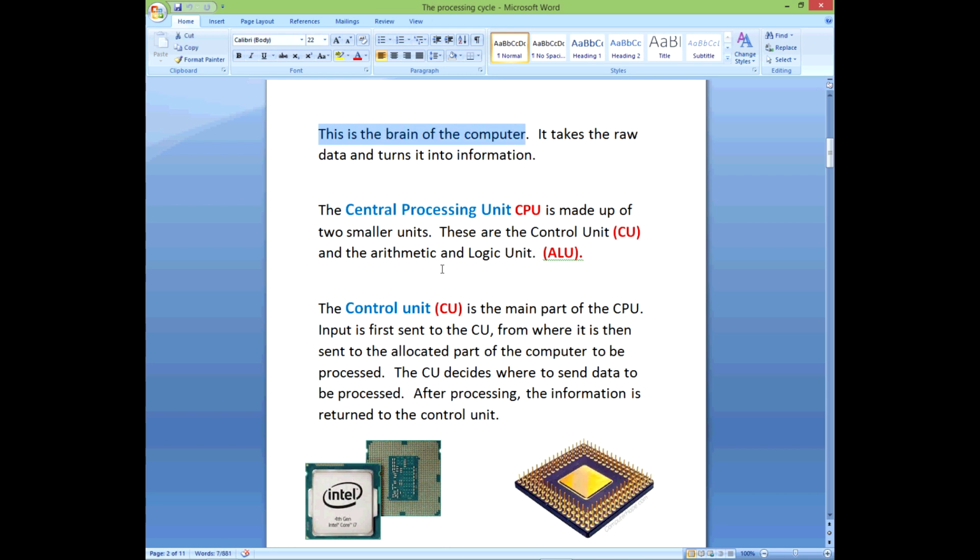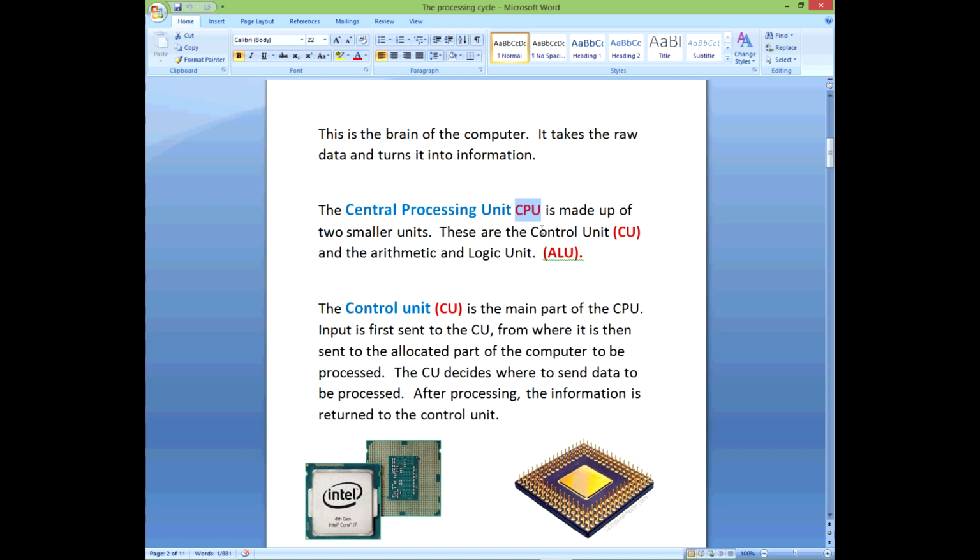Just like how you have a brain, the computer has a brain. It takes raw data and turns it into information. Please refer to your input-output devices notes if you don't remember about converting data to information. The central processing unit, or CPU, I put in red to indicate that it is an abbreviation.